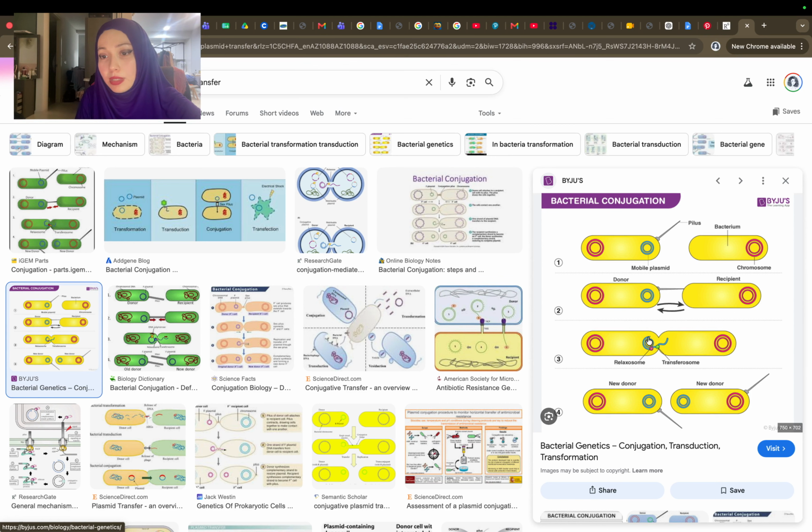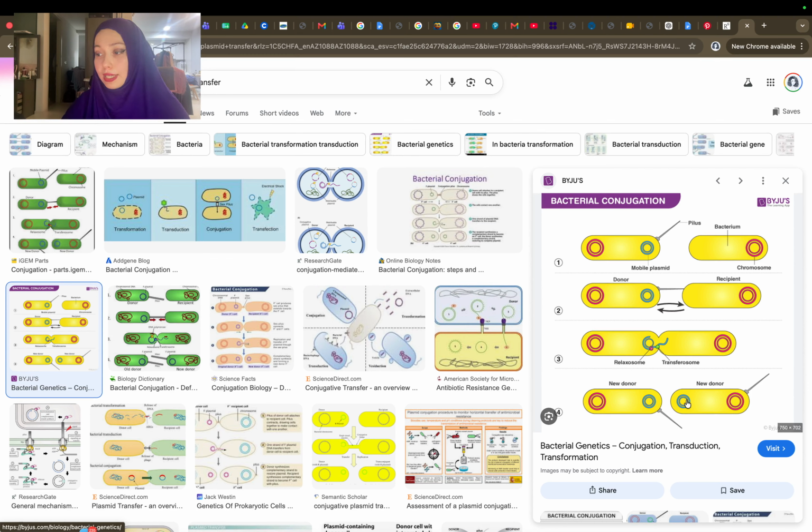You see, the plasmid DNA here transfers, and the recipient gains plasmid traits, and now they both have successfully copied and transferred. So, for example, if the plasmid carries antibiotic resistance, the recipient also becomes resistant.